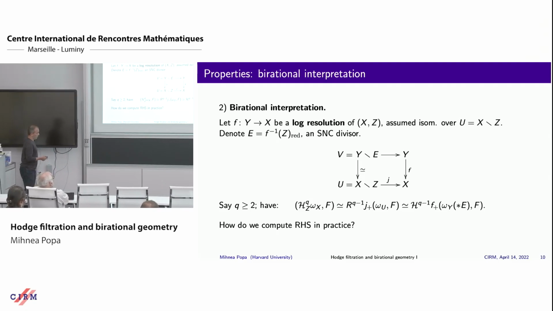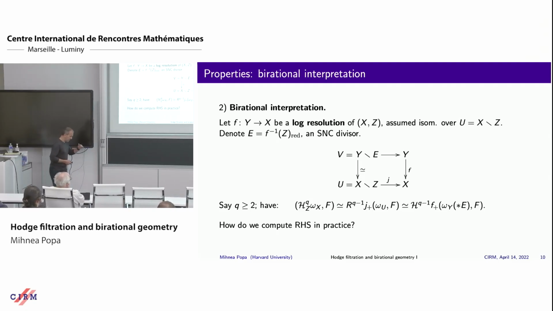I remind you that at the very beginning I said, let's forget about D-modules for a second. Just sheaf theoretically, I said that we could obtain local cohomology by pushing forward the trivial structure on the complement of Z. You can also do this in the world of filtered D-modules.